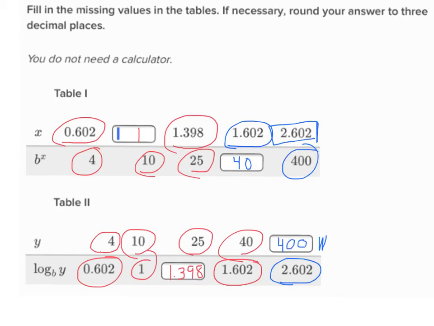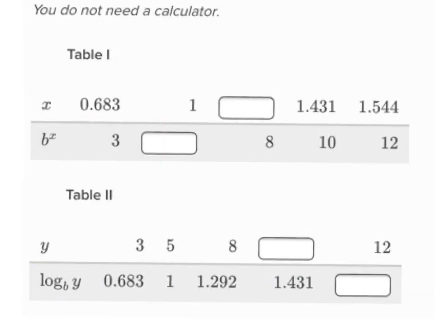And if you type all these in Khan Academy, it'll count it right, because this is the inverse of this.